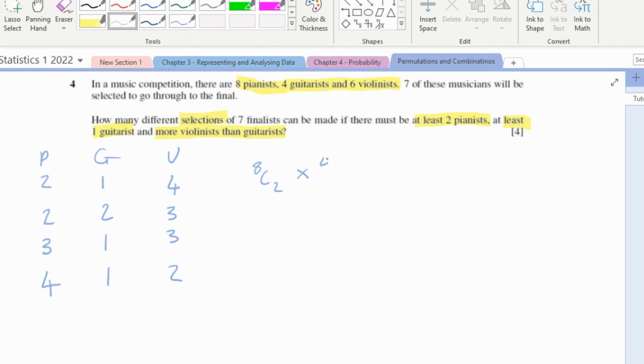We are choosing 1 from the 4 guitarists, and we're choosing 4 from the 6 violinists. And what does that give us? Cool.